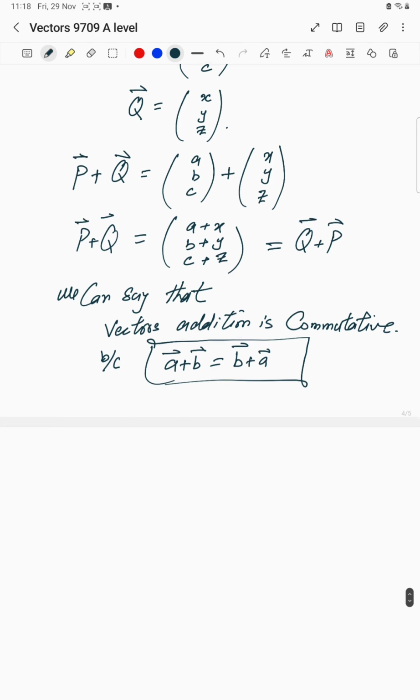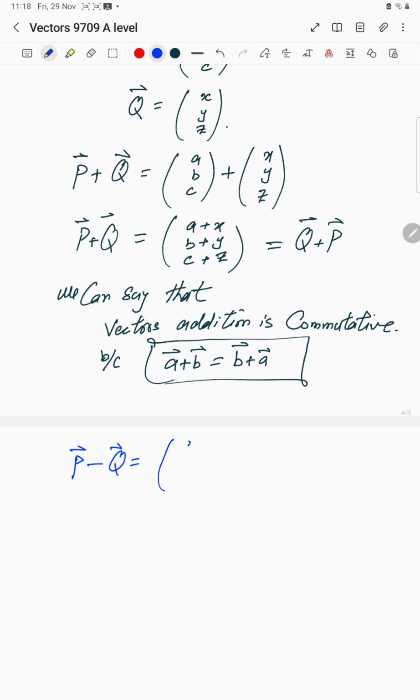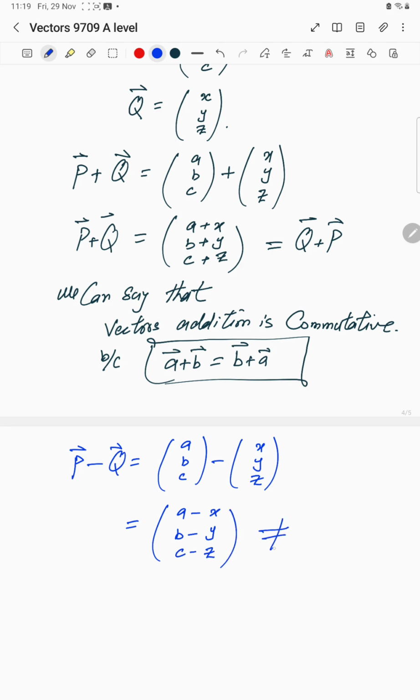Next we go to the subtraction of two vectors. Now we have to subtract vectors, the same case, p minus q. Write the components of p and minus the components of vector q, x, y, and z. The respective components will be subtracted from the respective ones, and we get this result. But you can see this is not equal to q minus p.